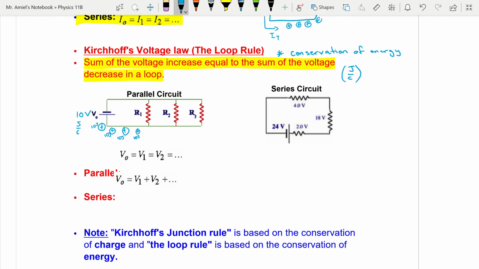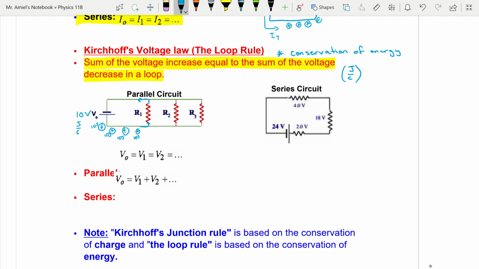And now, if we've got a parallel circuit, so we've got multiple paths here, let's think about what happens if we go across this resistor. Because we're thinking in terms of joules per coulomb, if our charges go this way, for us to come back to this path, we have to have lost all of our energy across this resistor.